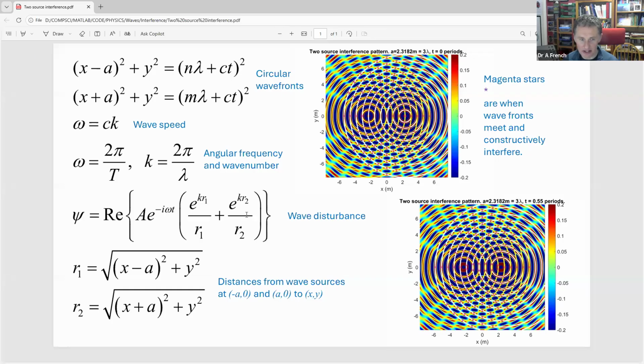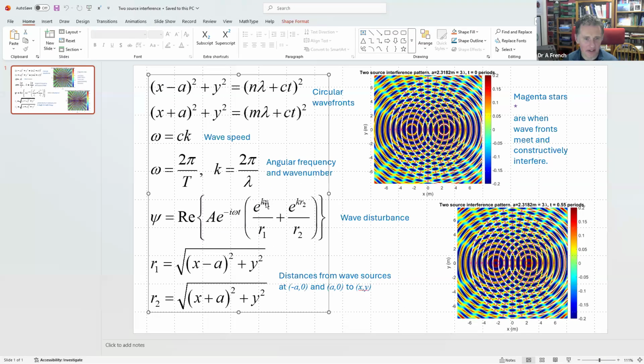If you want to plot what's underneath, you have to use this, and I realize I'm missing an i here. There should be a complex i, k, r1, and r1 and r2 are the distances from my source to wherever my x, y are. So I'll do a very quick, cheeky update. Allow me to edit it. Will it allow me to edit it?